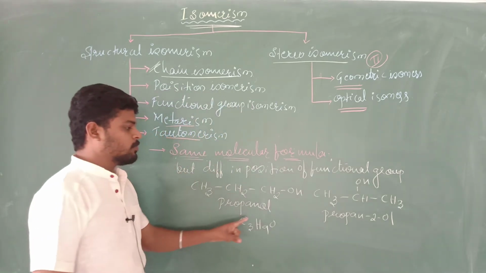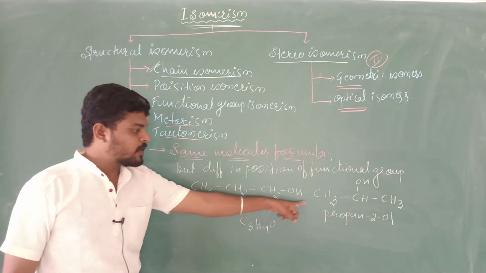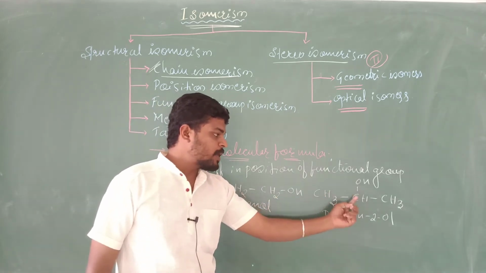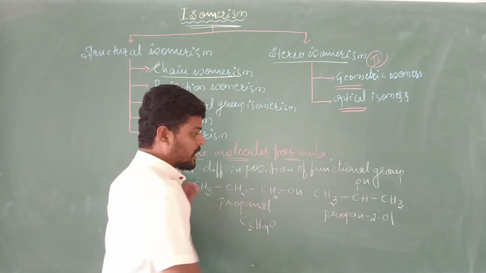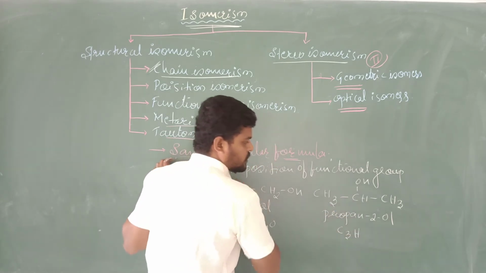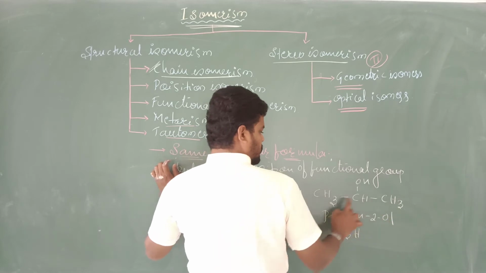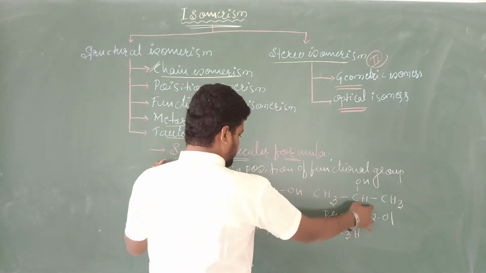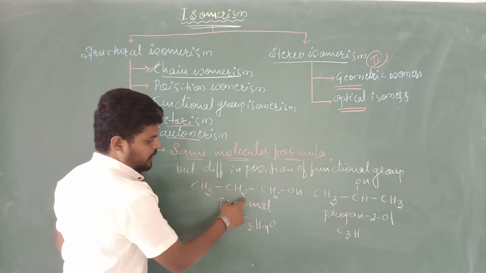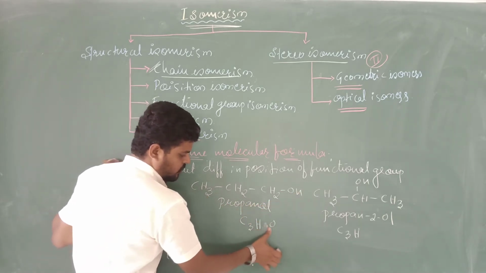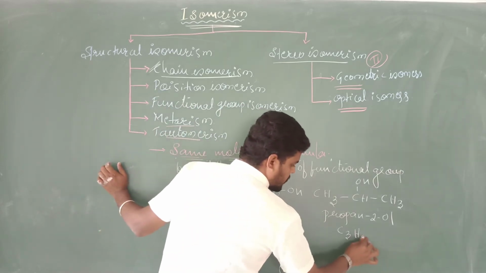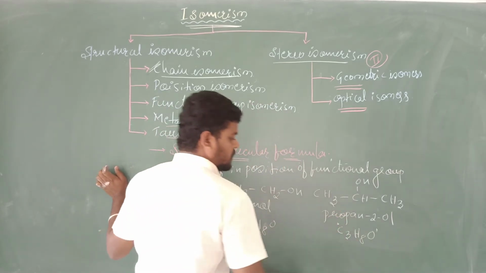So ಅಂದ್ರೆ ಇಲ್ಲಿ ನೀವು ಅಬ್ಸರ್ವ್ ಮಾಡಿದ್ರಿ ಅಂದ್ರೆ ಇಲ್ಲಿ ನಮಗೆ ಫಂಕ್ಷನಲ್ ಗ್ರೂಪ್ that is at the first carbon atom, here the functional group at the second carbon atom. ಇಲ್ಲಿ ತಗೊಂಡ್ರಿ ಅಂದ್ರೆ number of carbon atoms 3, number of hydrogen atoms 3 plus 3 6 7 and 8, and here 3 4 5 6 7 8. Here it is not 8, here is 9, it is 8. So ಇಲ್ಲಿ ಎಷ್ಟಾಗುತ್ತೆ ನಿಮಗೆ 8, and oxygen atoms ಎಷ್ಟಾಗುತ್ತೆ 1.